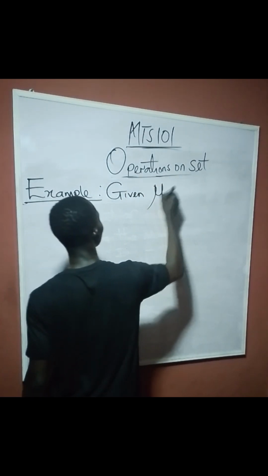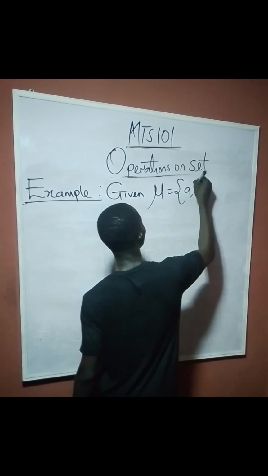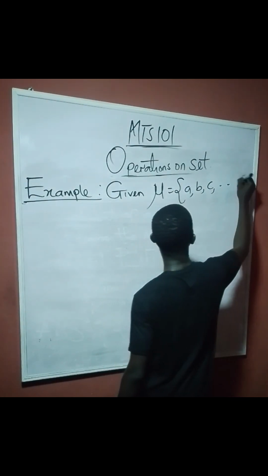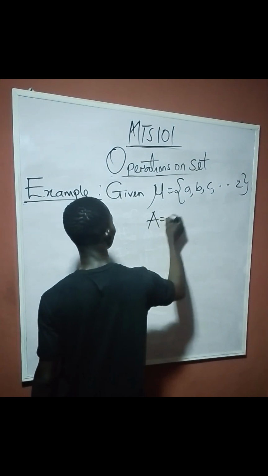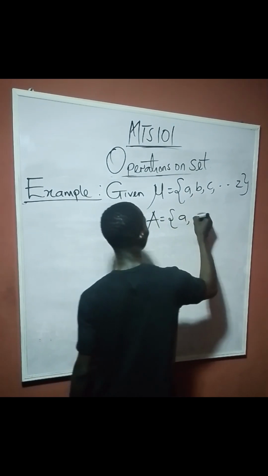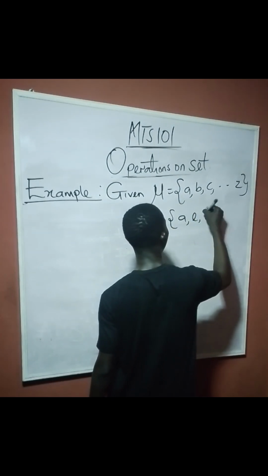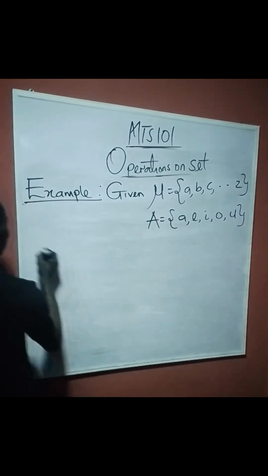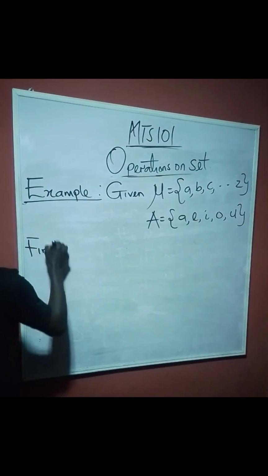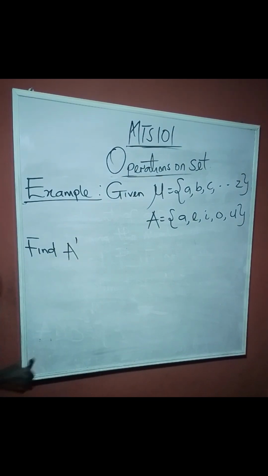Given the universal set A, B, C up to Z, and you have A as A, E, I, O, U. That's our vowel letters, right? Now the question says find A complement.